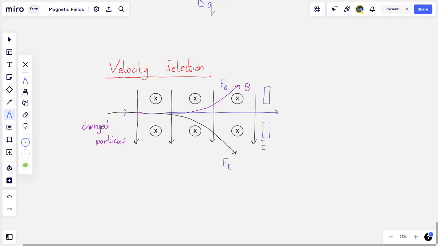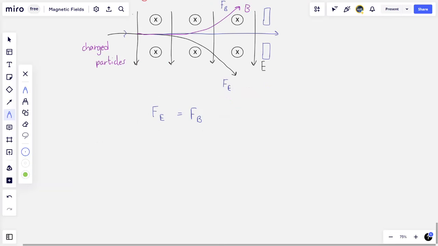So if I want the particles to move undeflected, then the forces must balance. The upward force must balance the downward force. So Fe must balance Fb.